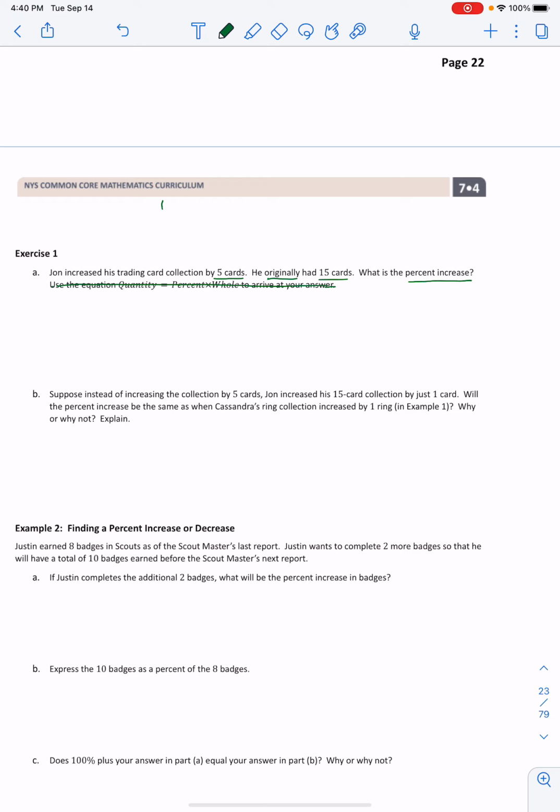And remember what I told you? We had different words for part and whole. For part, we said it was is. Now it's also going to be for increase and decrease. And we said whole was of and total. Well, now it's also going to be used for original.